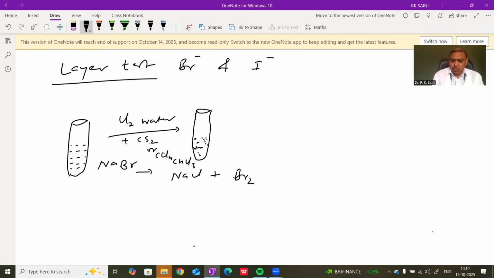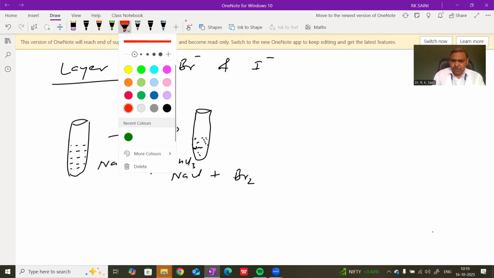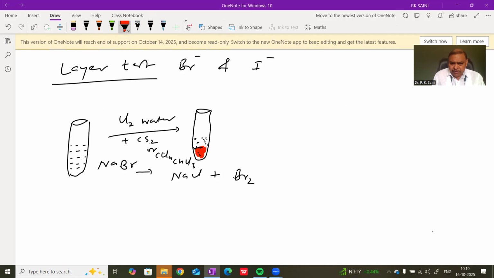On shaking this test tube for 2 or 3 minutes, an orange red layer of bromine in CCl4 or in chloroform is formed. This is the layer test of bromide ion. Bromine is orange red in solution.